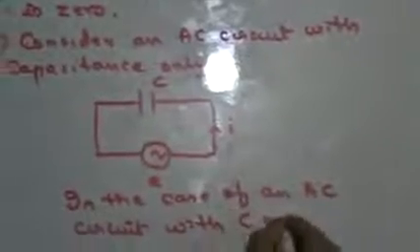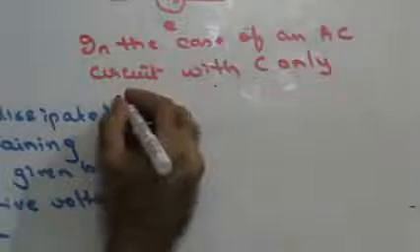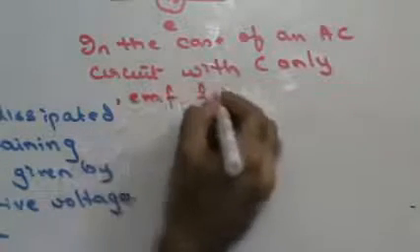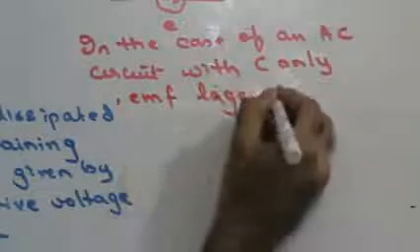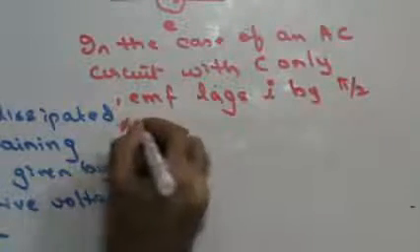Right? So in the case of an AC circuit with capacitance only, we know that the EMF lags the current by pi by 2 radians, right?